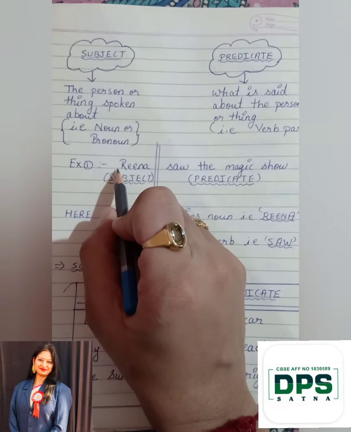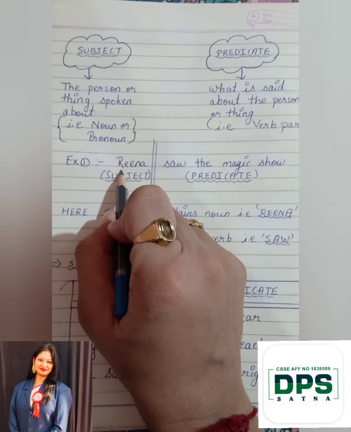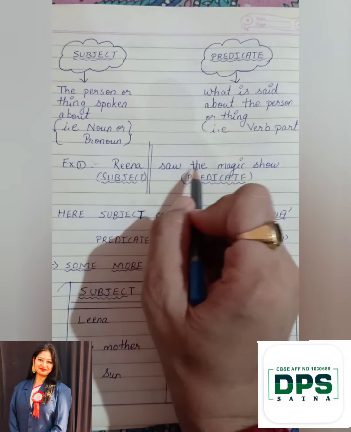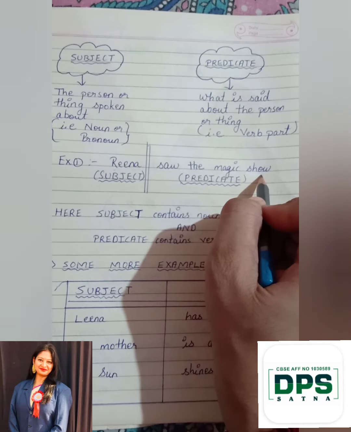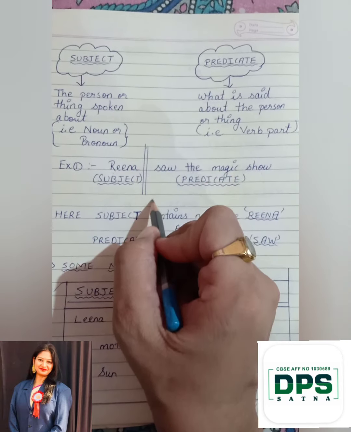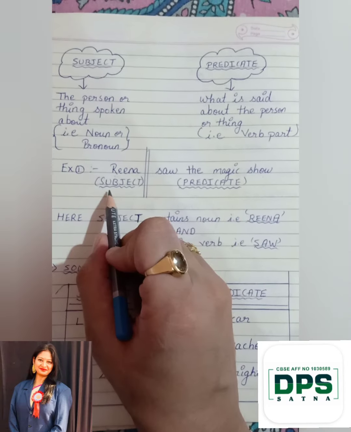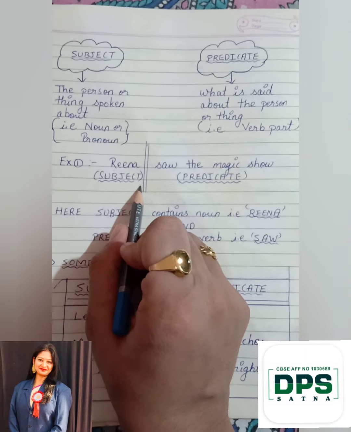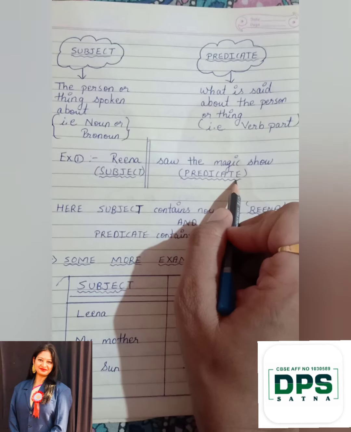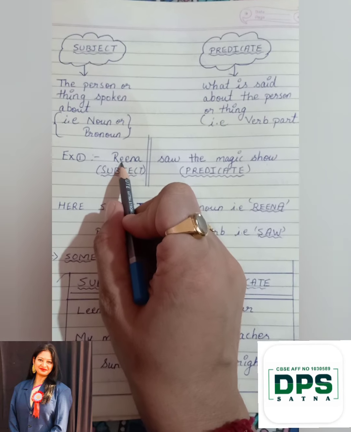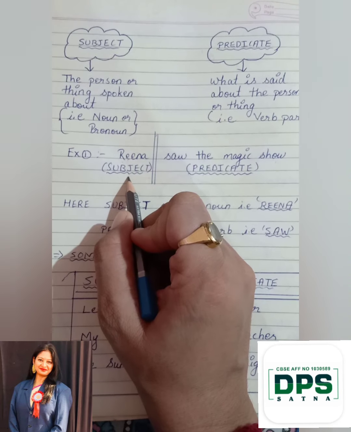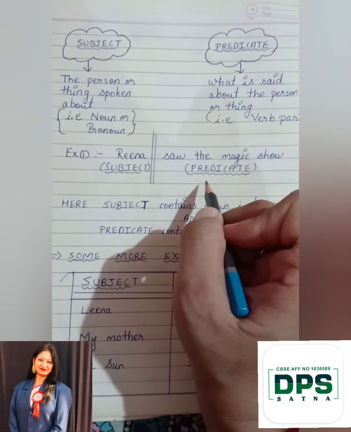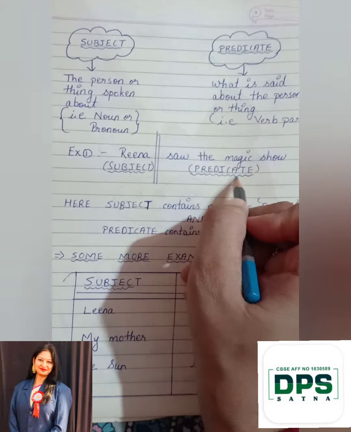So, here you can see in the example, Reena saw the magic show. Now, the sentence is divided into two parts, that is your subject and predicate. Reena is your subject. Saw the magic show is your predicate.